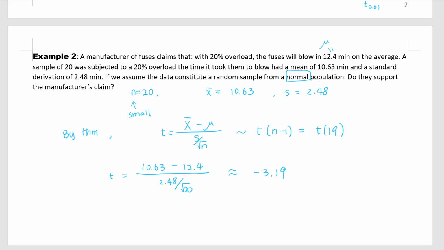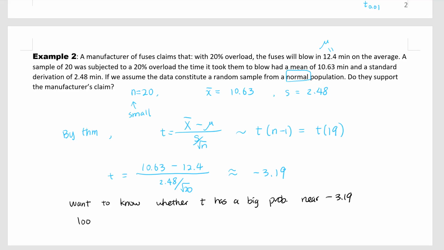But if the probability is so small, that's weird, the data is quite off, and maybe the manufacturer's claim is false.